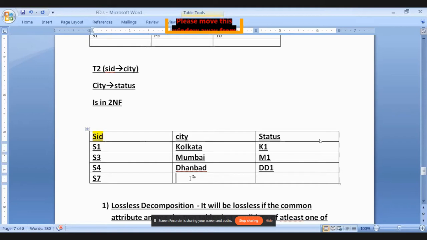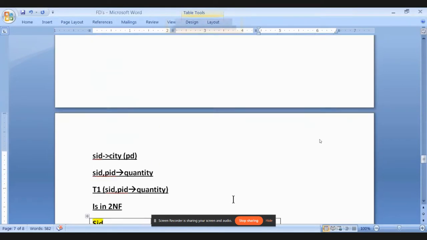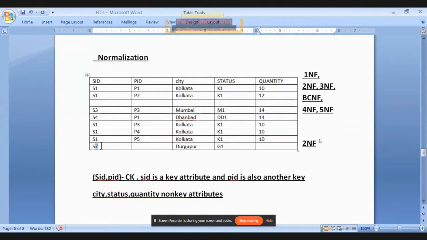S7 stays in Durgapur and the status of Durgapur is G1. Although S7 is not supplying any product, I could still insert this record, which I was unable to insert in the earlier table.